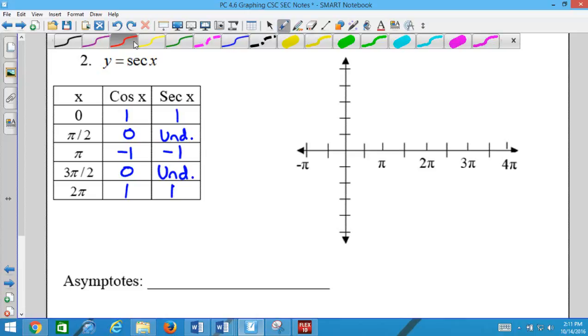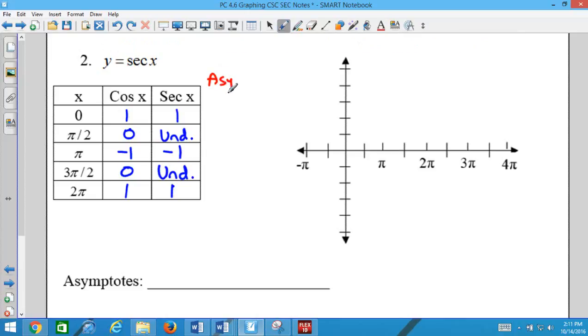One of them is at x equals pi over 2. And we've got one at x equals 3 pi over 2. Go to my graph and graph those. Here's pi over 2. So I've got a vertical asymptote there, 3 pi over 2.